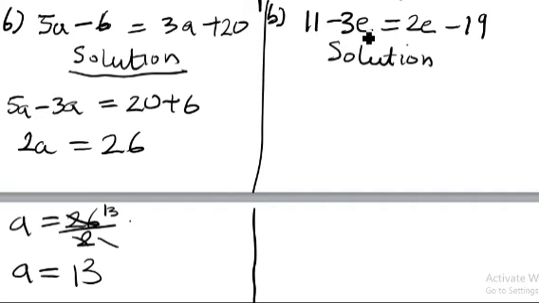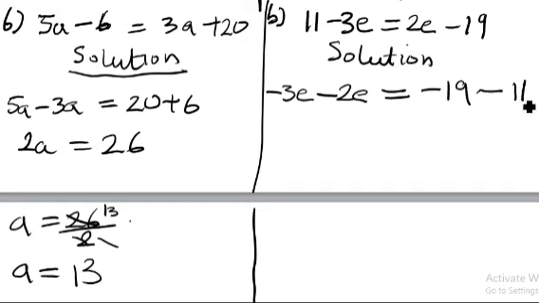So here I have bigger e here and smaller e here, so I will do that. I'll have 3e, so I'm coming here, will give you minus 2e equal to minus 19 minus 11.